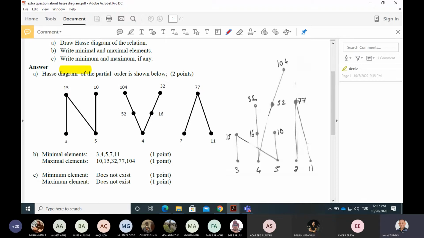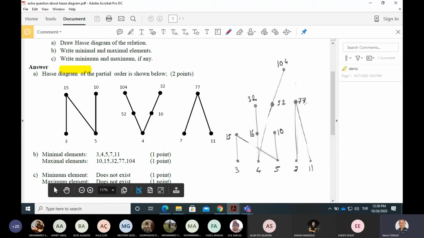Because what is the definition? This cannot be less than any other, guys. See, this 77 is not less than 7. This is not less than 11. And by the context, because you cannot compare this, automatically you can say that this is not less than these ones. Do you understand? Because you cannot compare, you automatically skip these cases.